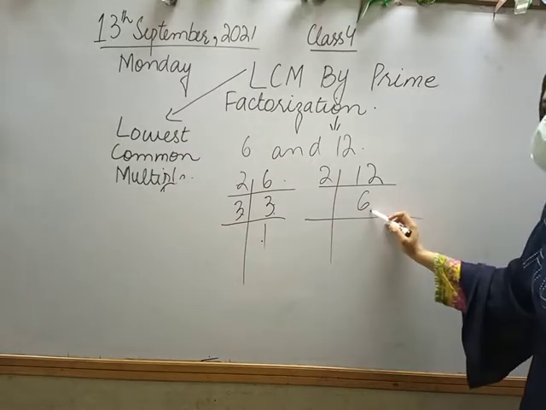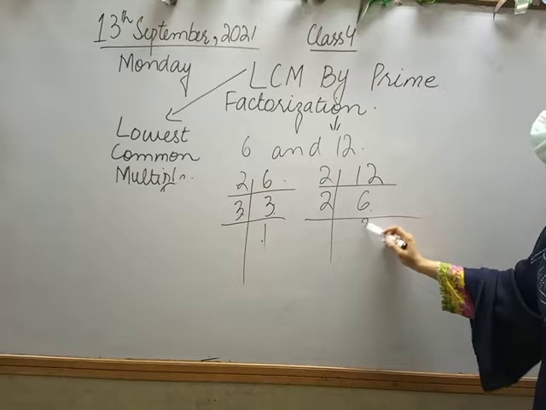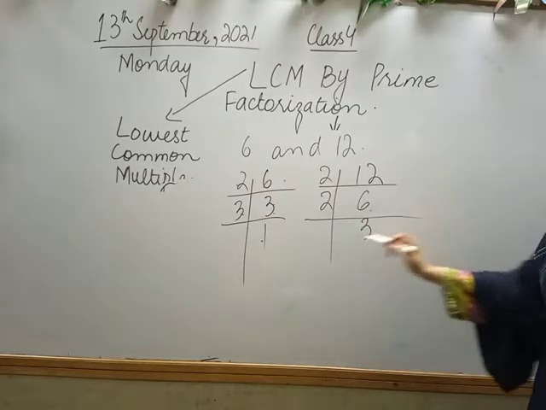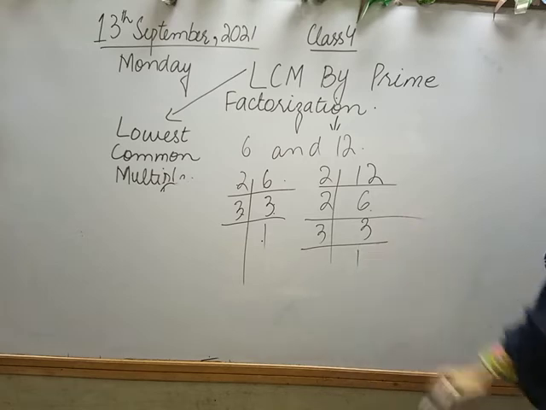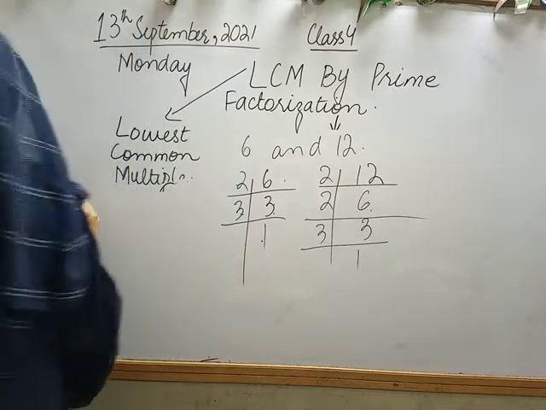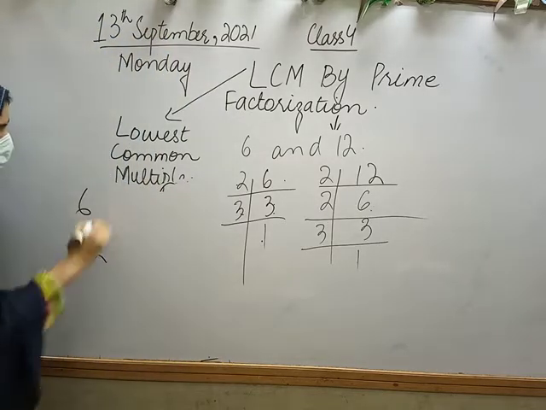Now 6 again has 2 at its unit place, so we will simply do with 3. 2, 3 times 6. Now 3 is a prime number, so we will write 3, 1 times.